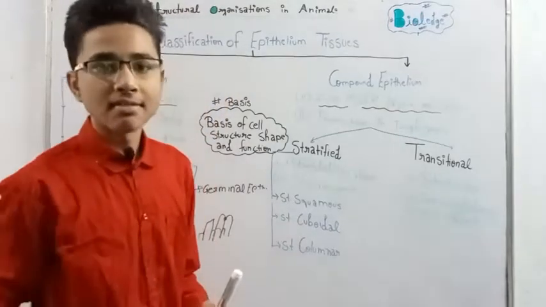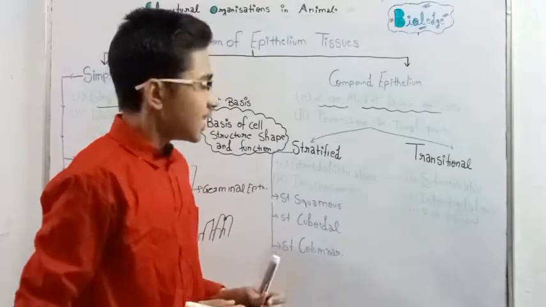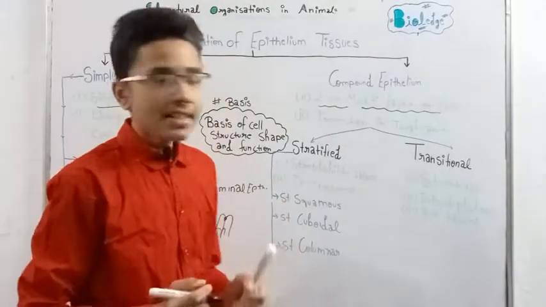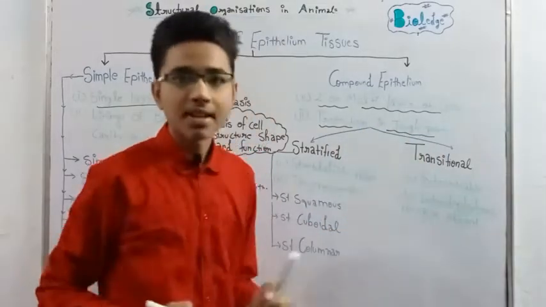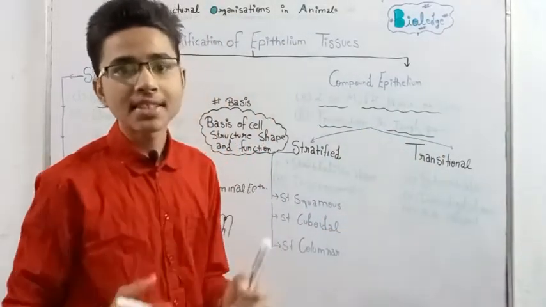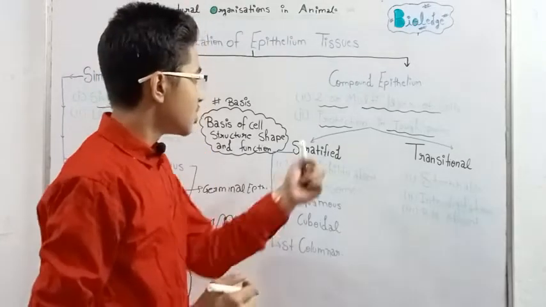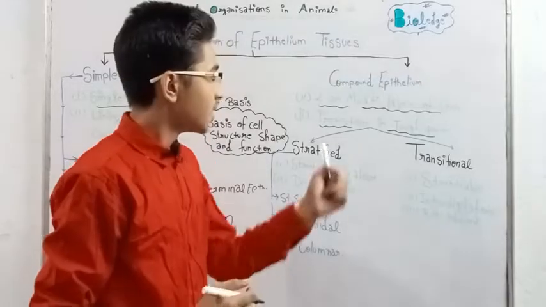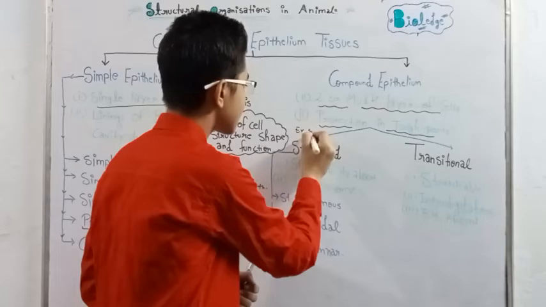They can be polyhedral cells or irregular cells. As they are multi-layered, their work is protection in tough parts. What is the toughest part? Our skin, which faces most of the mechanical and chemical stresses. So their work is to perform protection. We can write here the example: the skin.